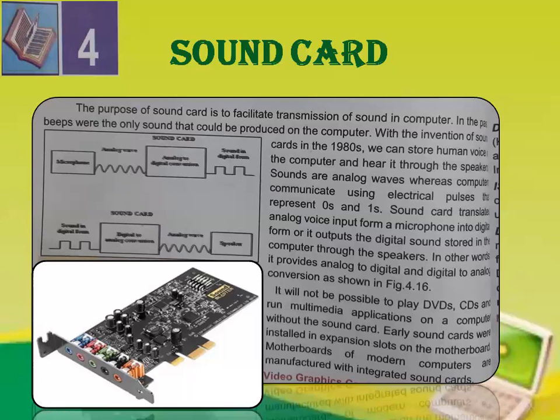These are analog signals, and computers always work with digital signals, 1s and 0s. A sound card can translate analog voice input from a microphone into digital form, or output the digital sound stored in the computer through the speakers.